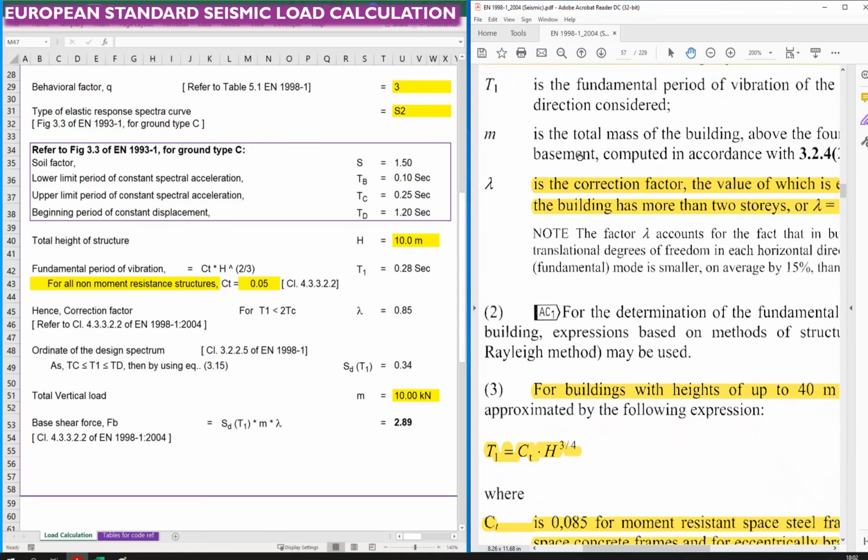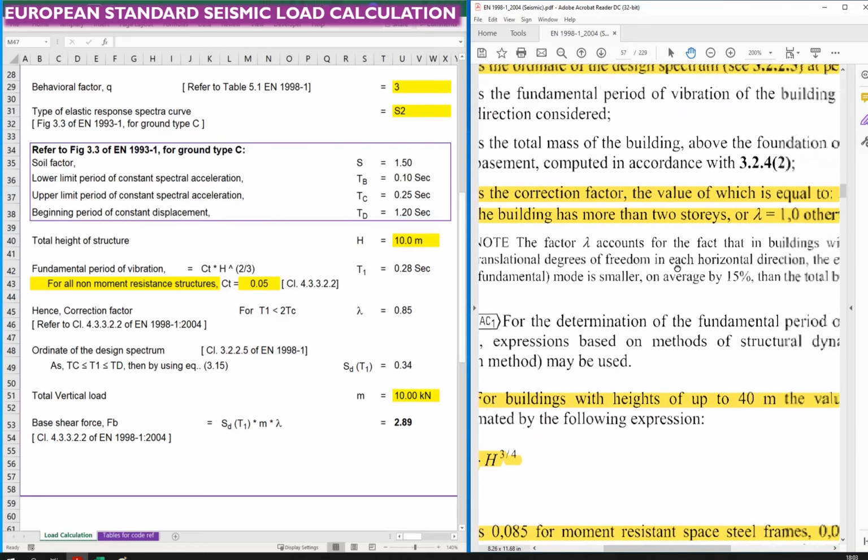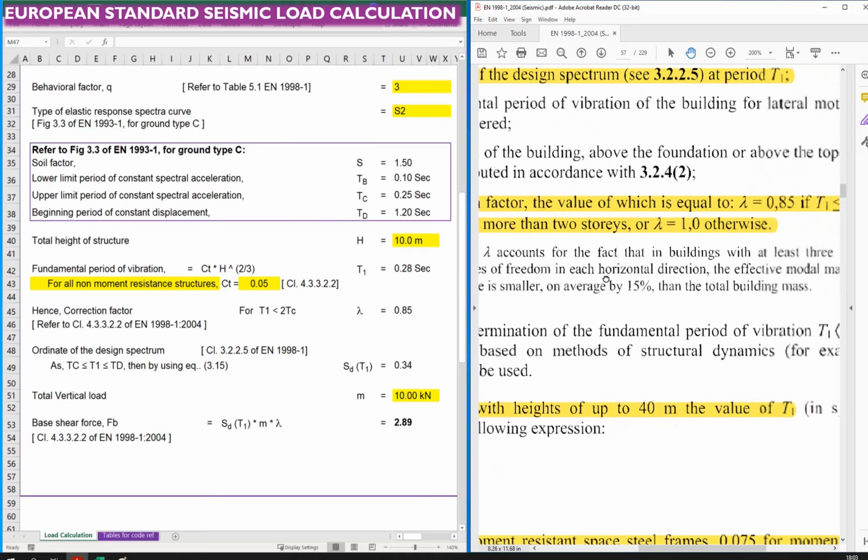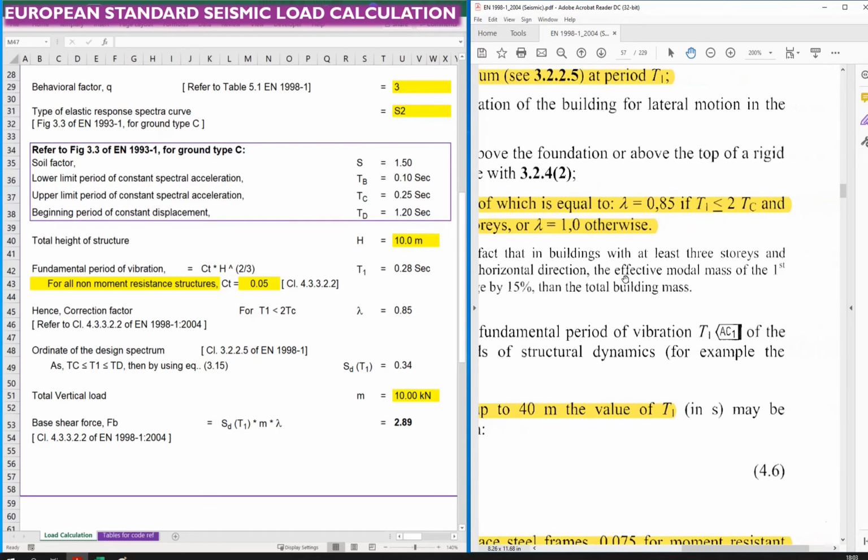Here, lambda is the correlation factor. The value of lambda is equal to 0.85 if T1 is less than or equal to 2 times Tc. In our case, T1 is 0.28 and Tc is 0.25, so 2 times Tc will be 0.5 second.